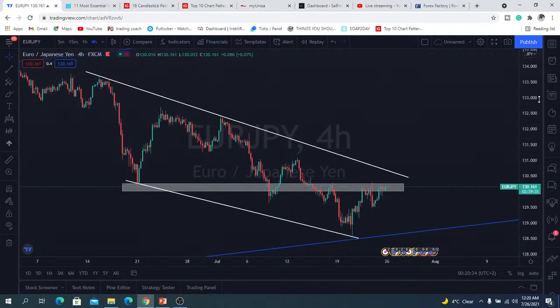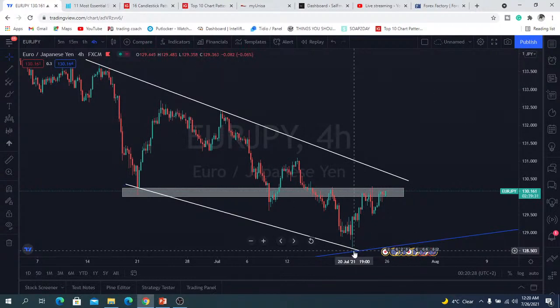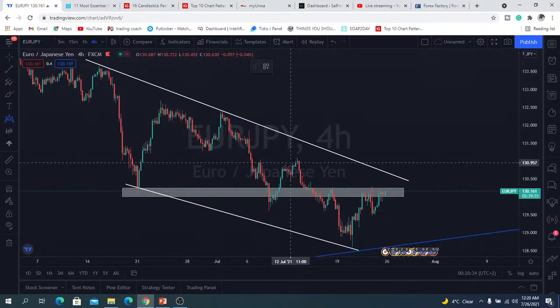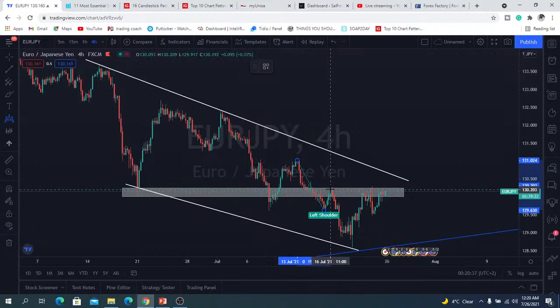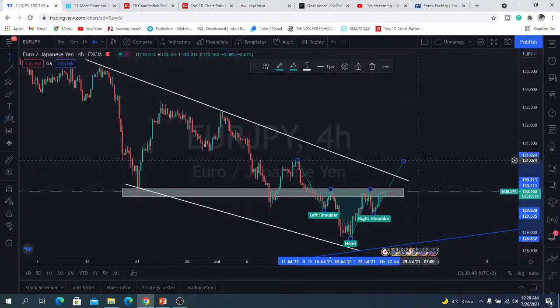So here's Euro JPY, guys. As I said, we are looking for moves to the upside. We just touched here and we are continuing going up. We can also prove that by this inverse head and shoulder right here. A very beautiful inverse head and shoulder.